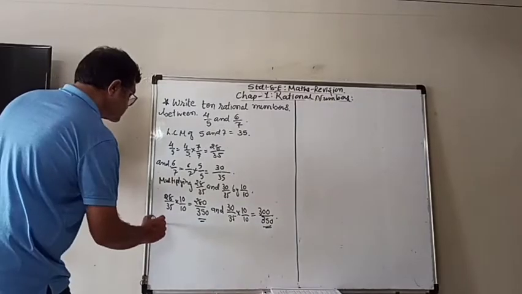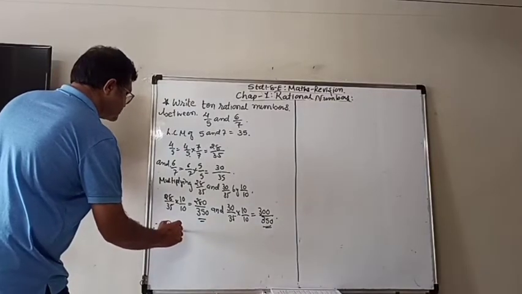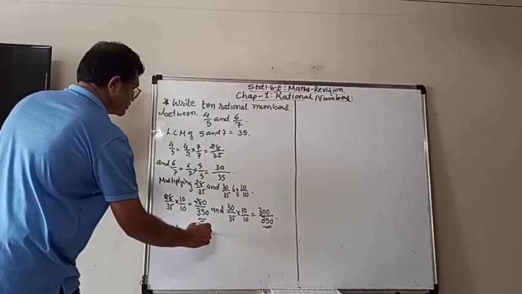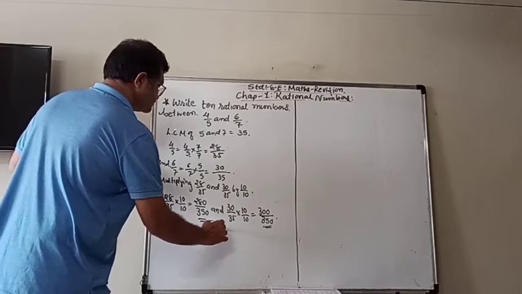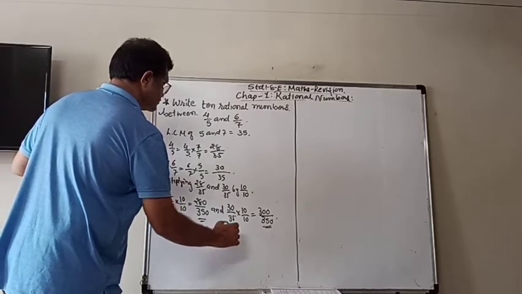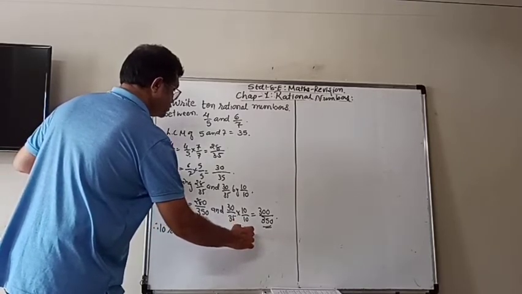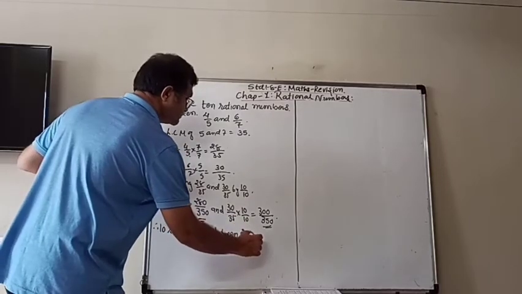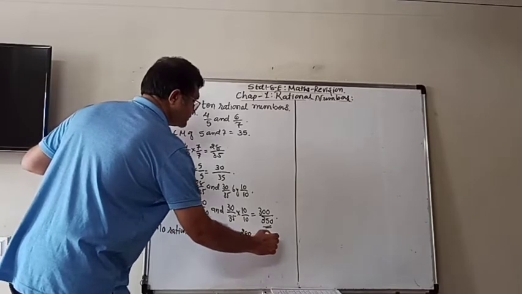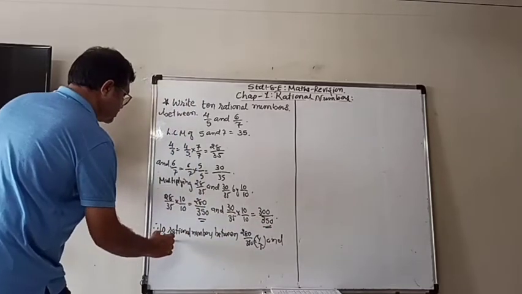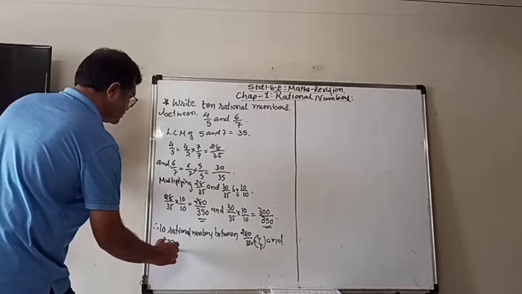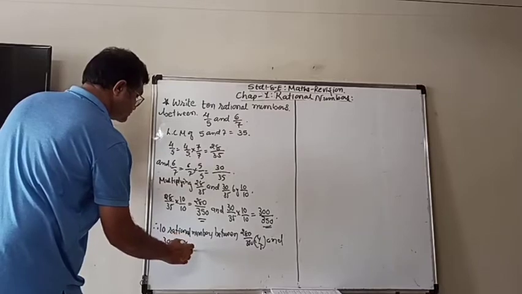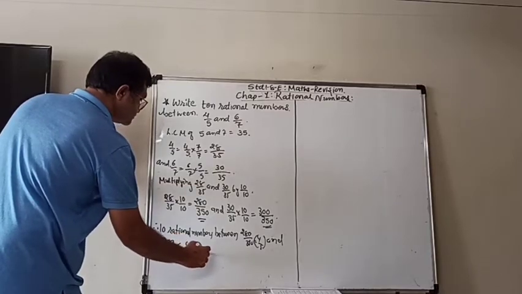Therefore, 10 rational numbers between 280 upon 350, which is equal to 4 by 5, and 300 upon 350, which is equal to 6 by 7, are.